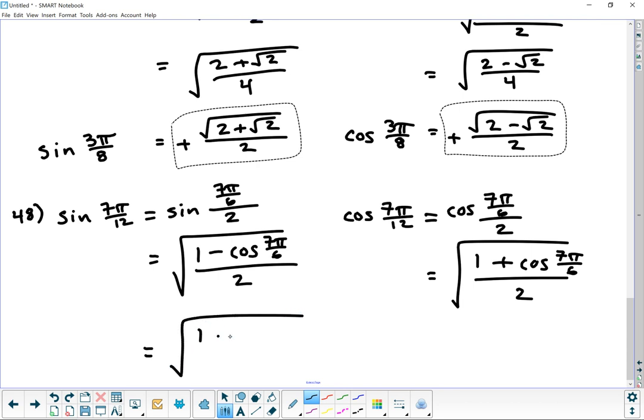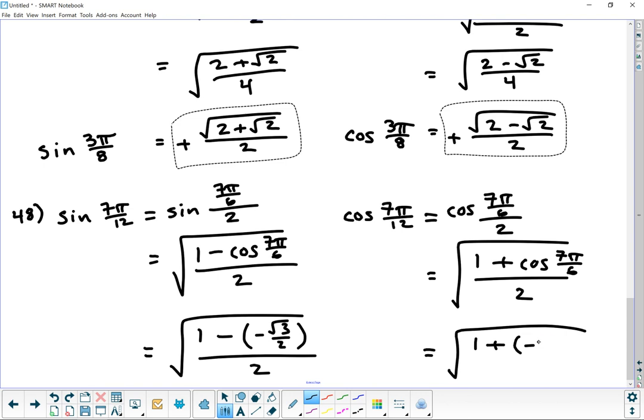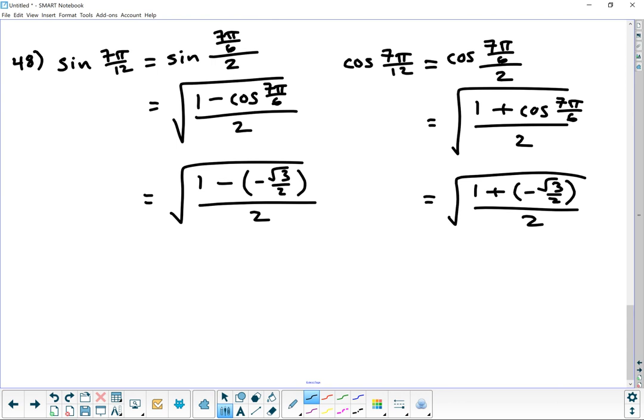So you end up with 1 minus, and cosine of 7 pi over 6 is a negative radical 3 over 2, over 2. So on the cosine of 7 pi over 12, I will have the square root of 1 plus a negative radical 3 over 2, over 2. So this one looks like it's the backwards of one of the previous problems.